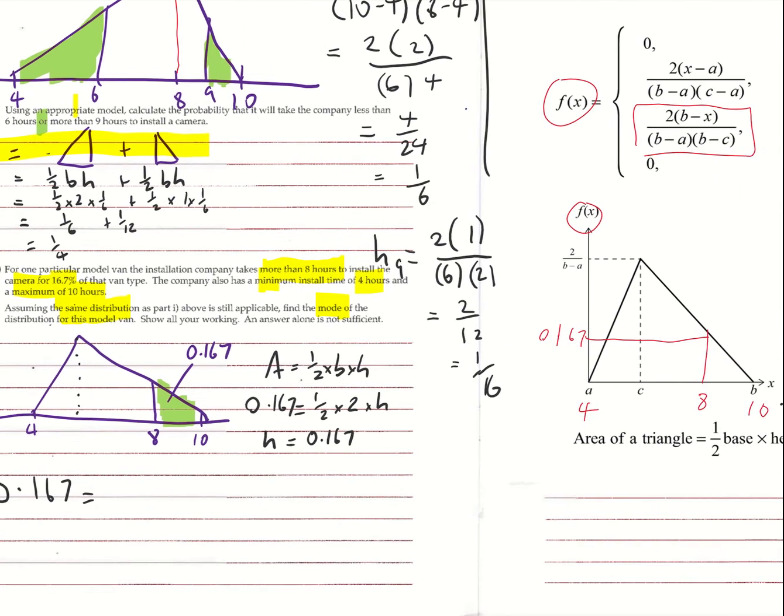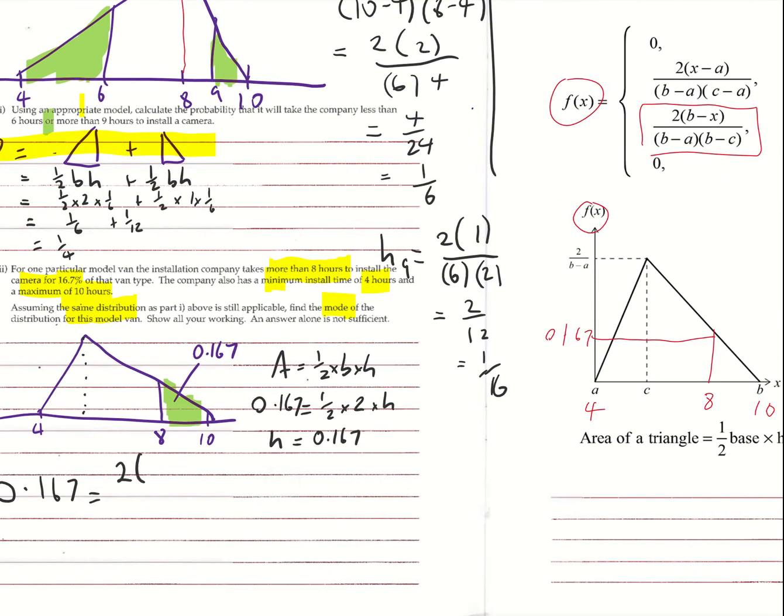0.167 is equal to 2 outside of B, which is 10, take away A, which is in this case 8, all over B minus A, 10 take away 4, and then I've got B minus C, so 10 take away what I'm after, the C, which is where the mode is.